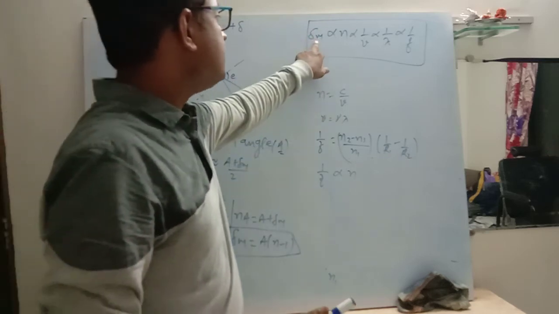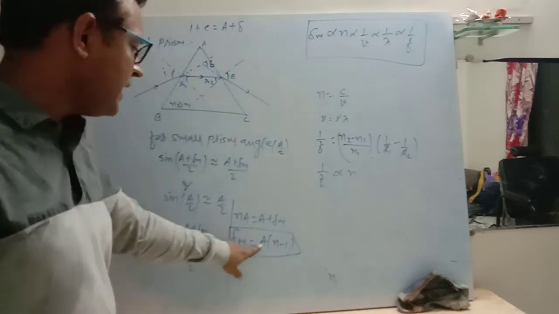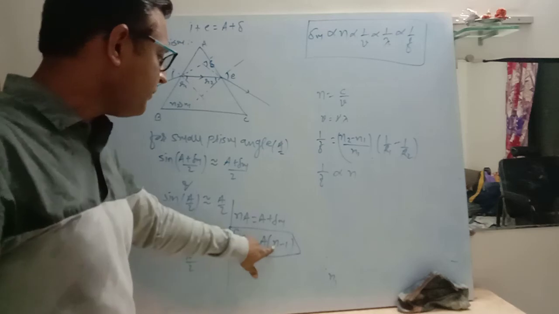Once again, delta m, minimum deviation, is directly proportional to the refractive index.